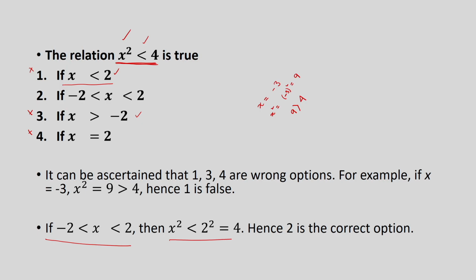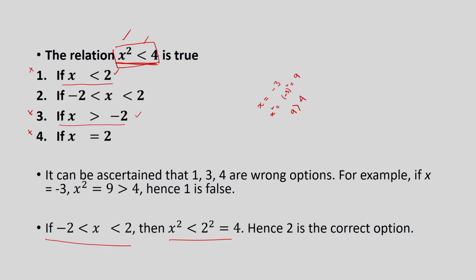What is important to note in this problem is that suppose you take x is greater than minus 2, right. Now, if x is greater than minus 2, it might mean that x is equal to 0 also, and if x is equal to 0, then this relation will be satisfied, right. But that is for a particular value of x.